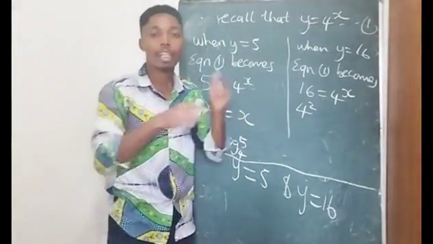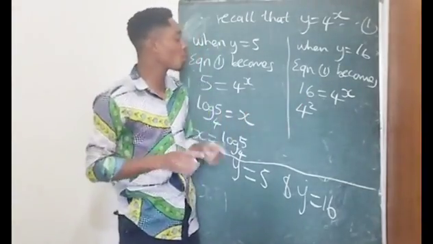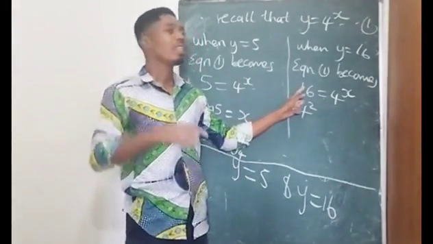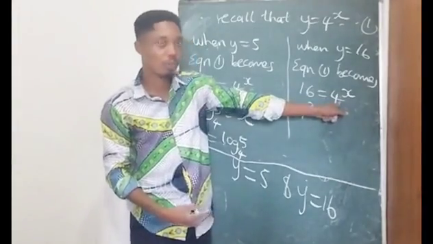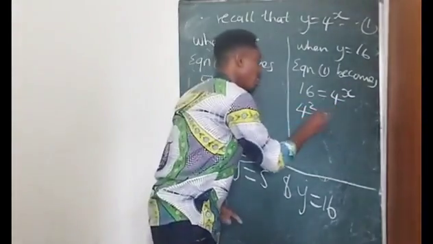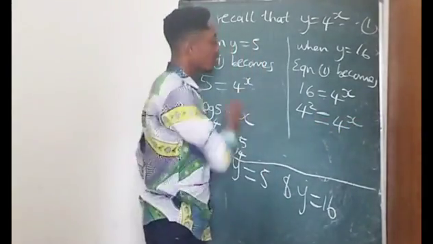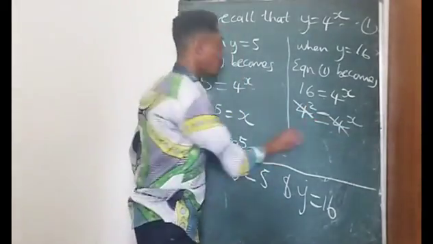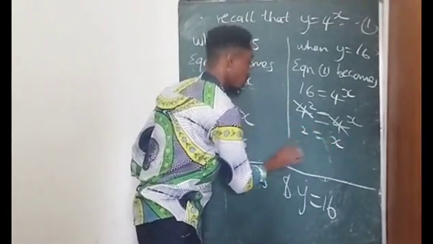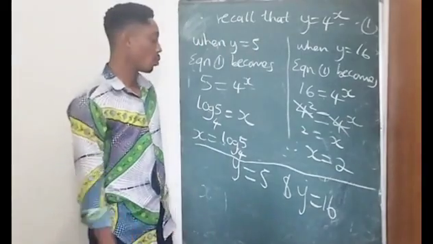I hope you know that 2 raised to the power 4 will also give you 16. The reason why we cannot use 2 raised to the power 4 is because 2 will not give us the same base as 4. So it has to be the same base. So 4 squared equals 4 raised to the power x. So the base cancels. So this is 2 equals x. You can see that x is equal to 2.